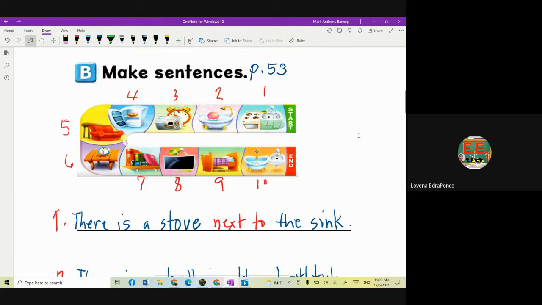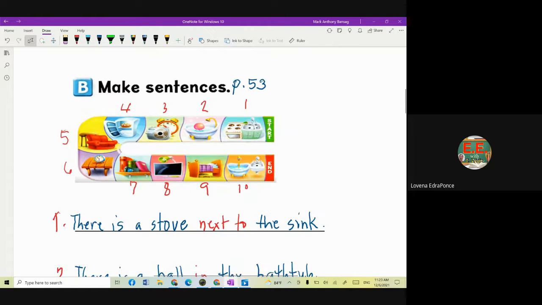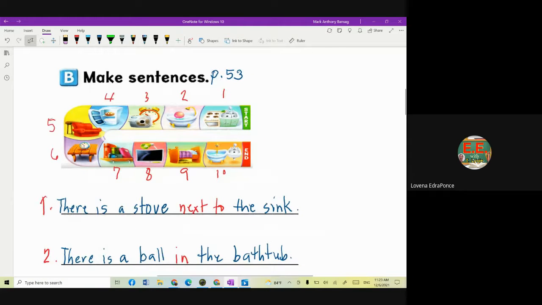So let's try number 1, 2, and 3. For number 1, let's use there is and there are. Don't forget, if there is only one, we use there is. And if there are more than one, we use there are.